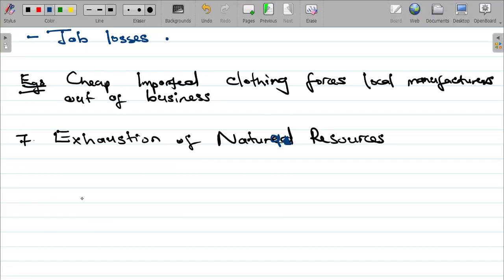So we can find that there will be reduced availability of raw materials because it has been exhausted, right?